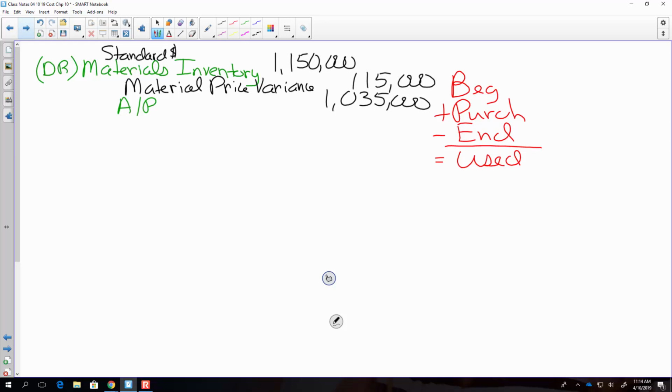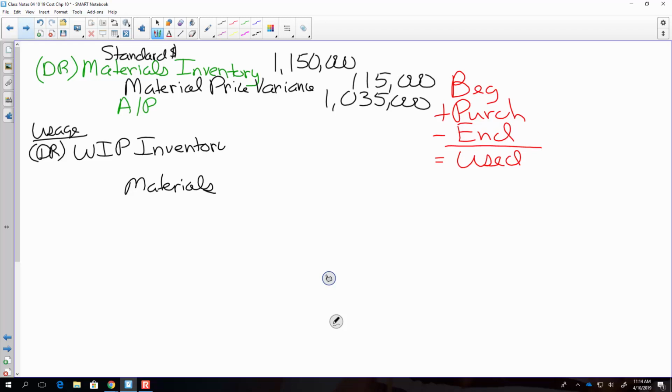The second entry then is the usage entry. So here, my credit will be materials. What's my debit? What does the book say my debit is? For the usage entry, work in process. Work in process, with inventory.